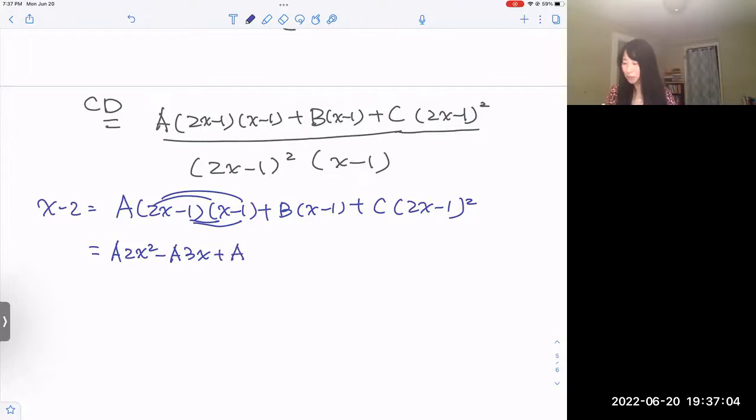Plus bx minus b, plus, oh, this one too. We have the square: a squared minus 2ab plus b squared.